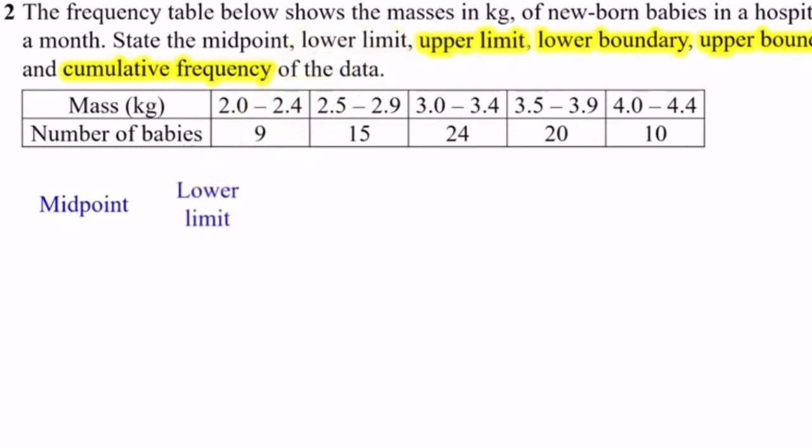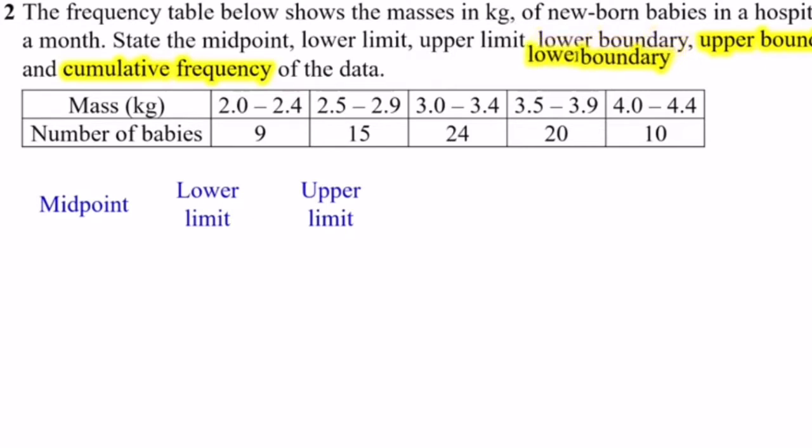We need to find the lower limit. We need to find the upper limit. And then we need to write down the frequency and cumulative frequency and also lower boundary and the upper boundary. So let's do it together.